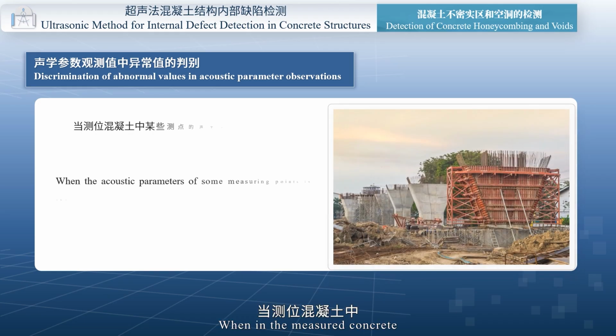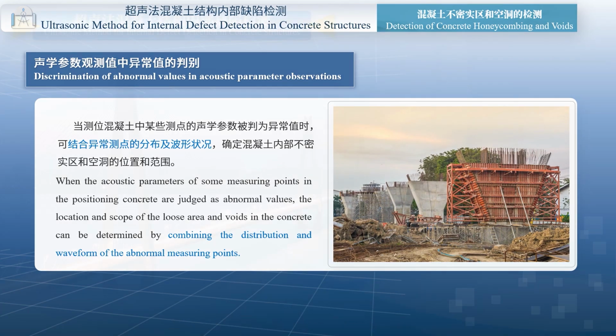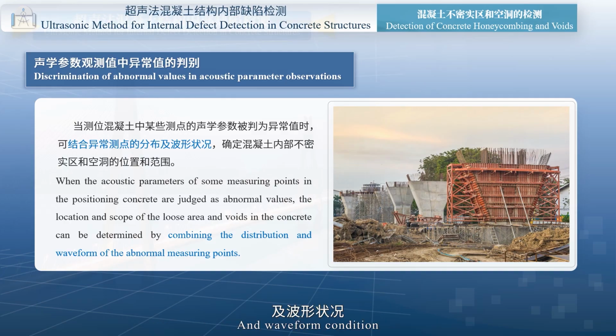When the acoustic parameters of certain measuring points in the measured concrete are judged as abnormal values, combine the distribution of abnormal measuring points and the waveform condition to determine the non-compact areas inside the concrete, and the position and extent of voids.